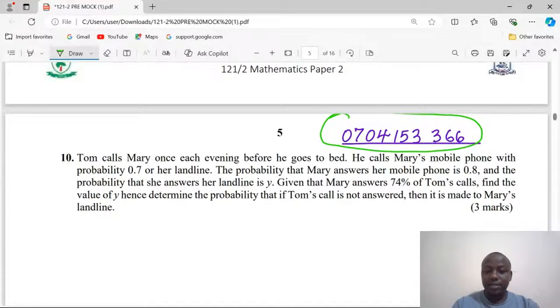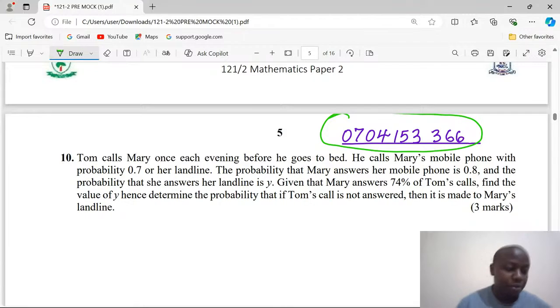Given that Mary answers 75% of Tom's calls, find the value of y, hence determine the probability that if Tom's call is not answered, then it is made to Mary's landline.